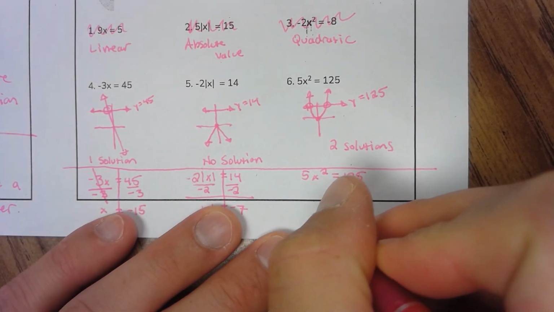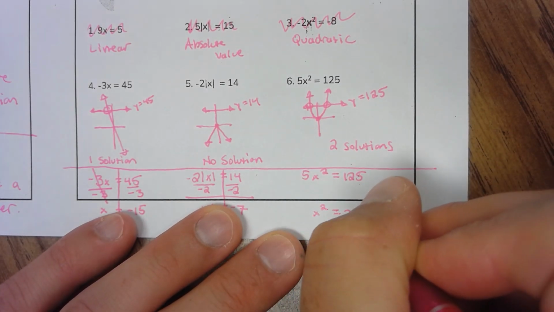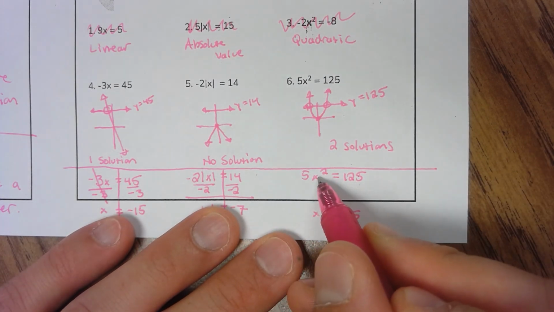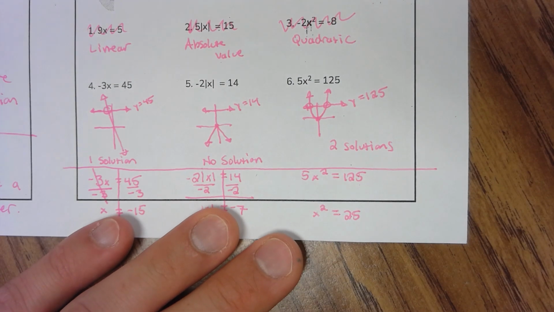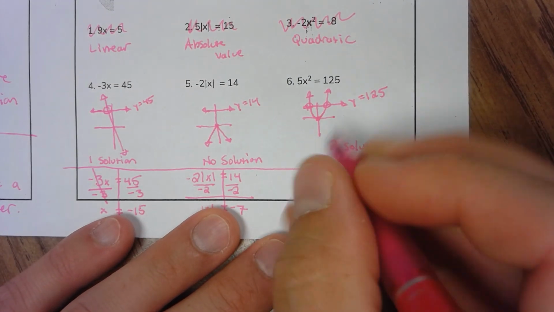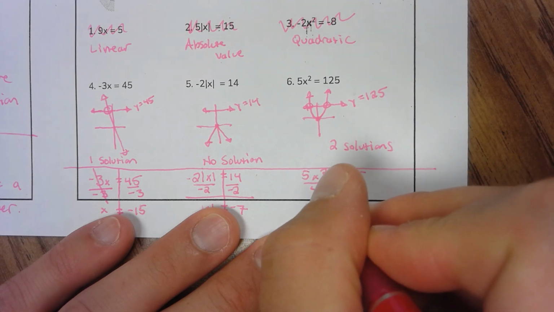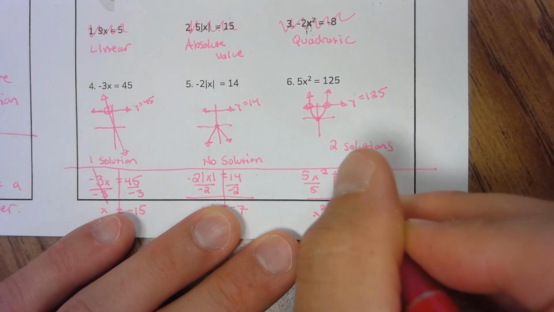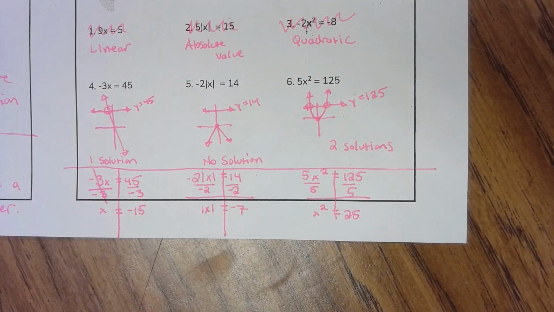So we are going to need this x squared to equal 25. I can get there by knowing that for 5 times x squared, I need to divide by 5, and 125 divided by 5 is 25.